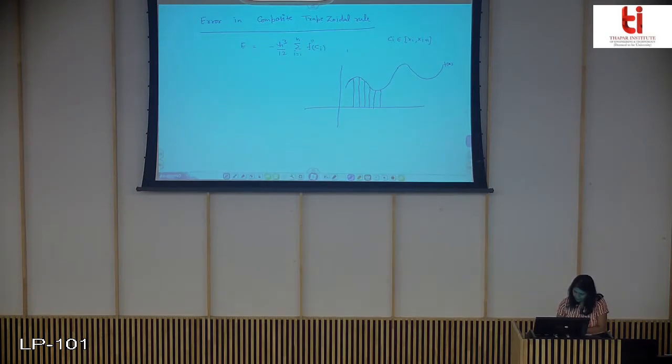We are approximating it with the help of a straight line. In trapezoidal rule, we are approximating it with the help of a straight line. So what would be the error? This is the error.